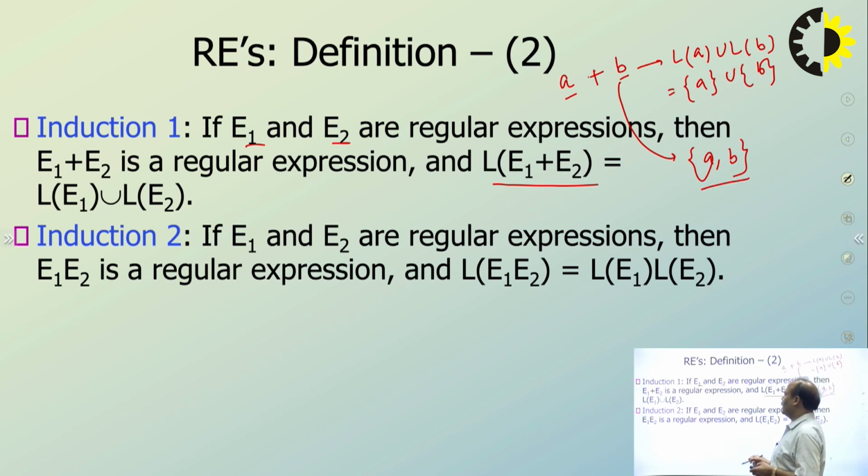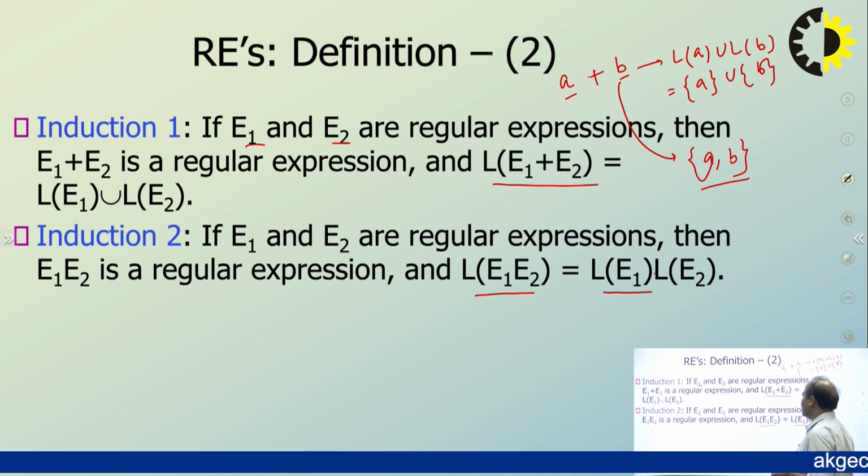Now induction 2: if E1 and E2 are regular expressions, then E1E2 is also a regular expression and its language is L(E1) concatenated with L(E2). For example, 0 is a regular expression by this basis, and 1 is a regular expression by the same basis. So that means 0 dot 1 is also a regular expression by induction 2.